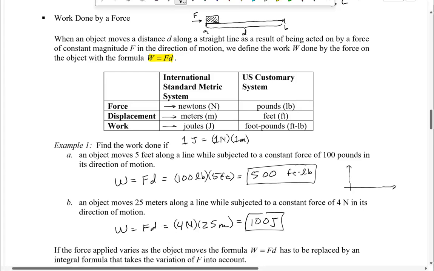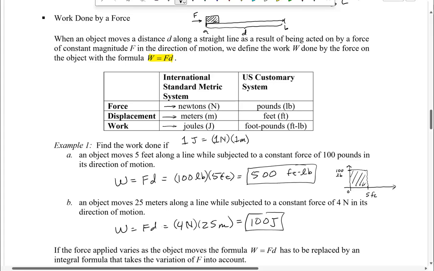If we look at our 5 feet that our first object was moved when applying a force of 100 pounds, really that 500 is simply the area underneath the force function, from 0 to 5.